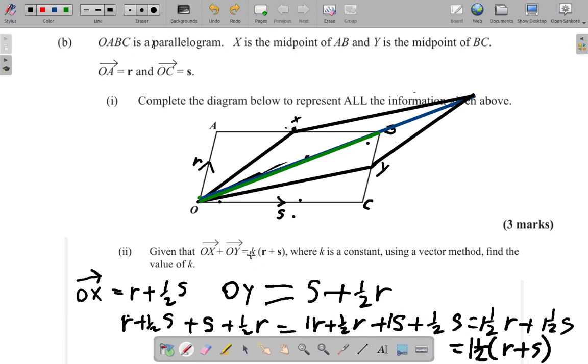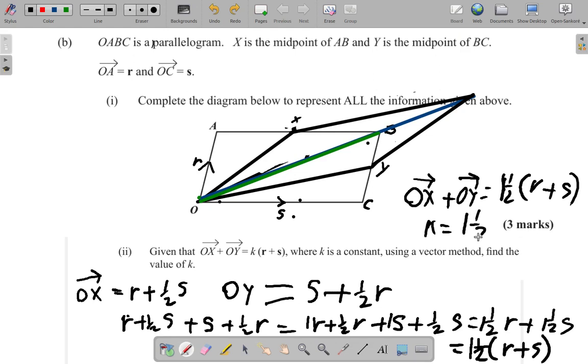Now you see this is saying OX plus OY is equal to 1.5(R plus S). So you can see that K is equal to 1.5. That's it. K is 1.5. So here, that's the answer for this. Find the value of K, 1.5.